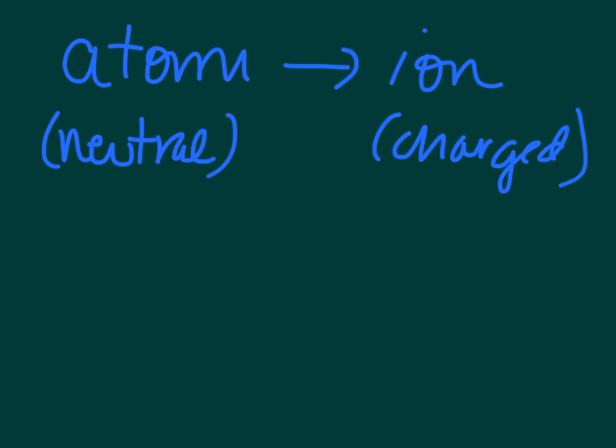And you're charged because you've decided to either take electrons to complete your octet or to get rid of electrons to complete your octet. And if you get rid of a negative particle, and you used to have an even number of positives to negatives, you get rid of a negative, what are you? Positive. You're positive. And if you take more negatives on, what are you? So there's a way to remember this.